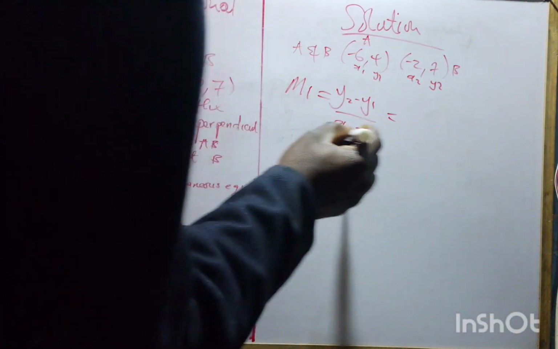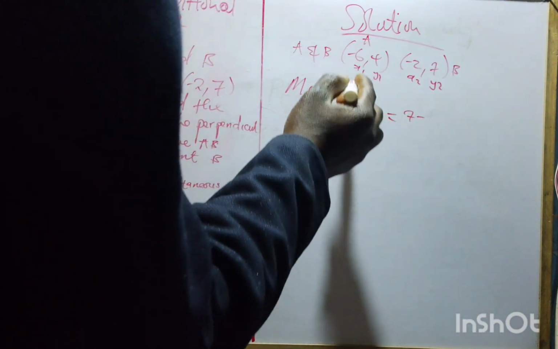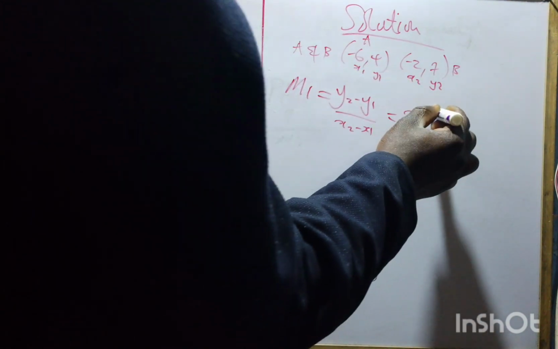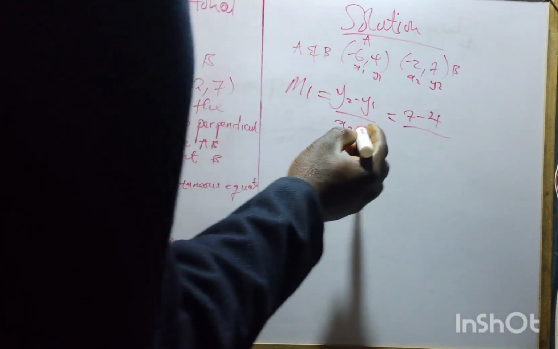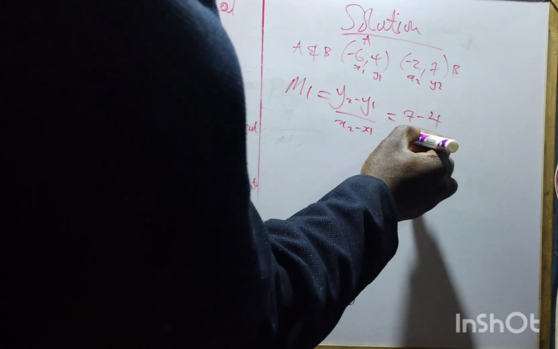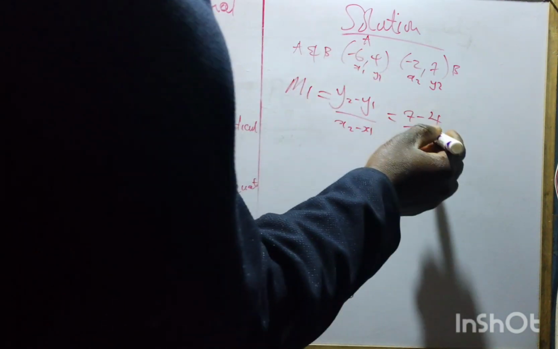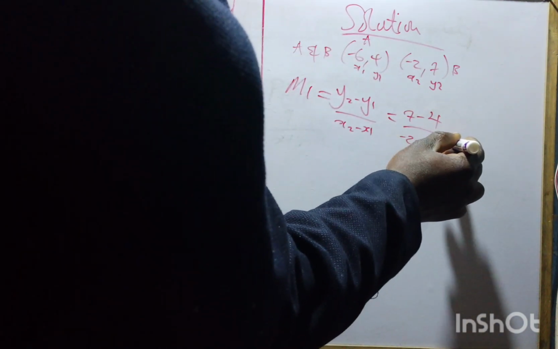When we substitute, where there's y2 we have 7 minus, where there's y1 we have 4, over x2 which is -2 minus x1 which is -6.